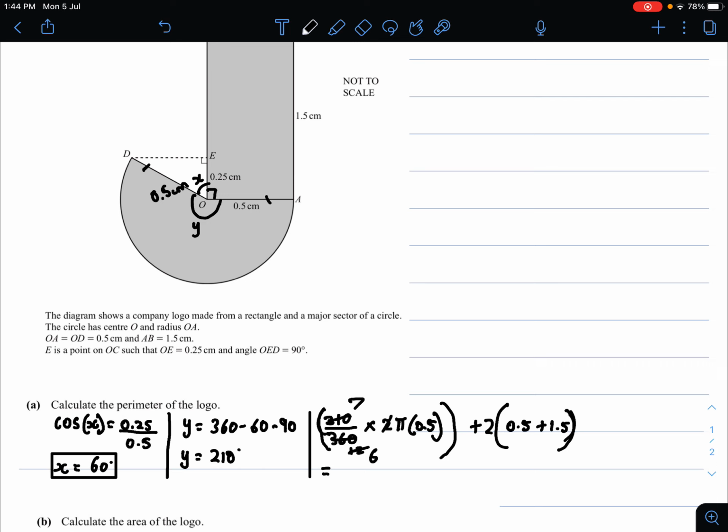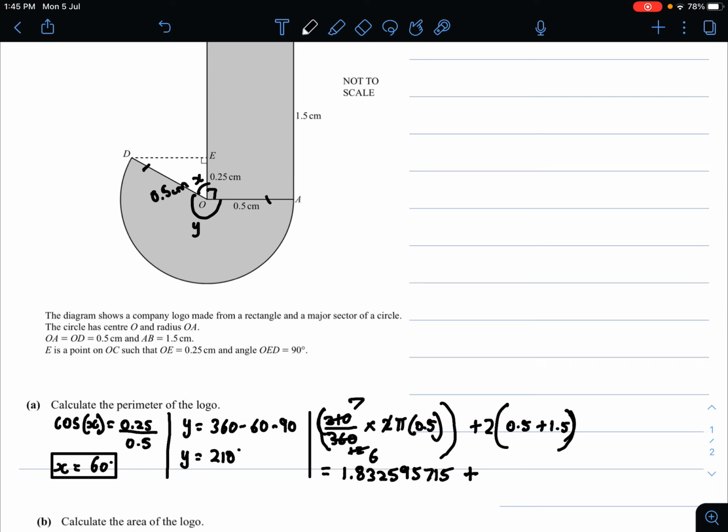pi multiplied by half. So you would get 1.83259571, and you should write as many decimal places as you can, so that in your final calculation you don't face the premature rounding error.